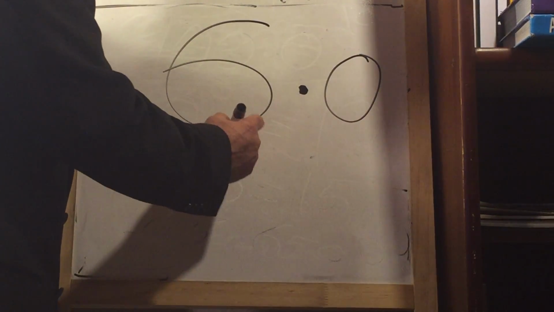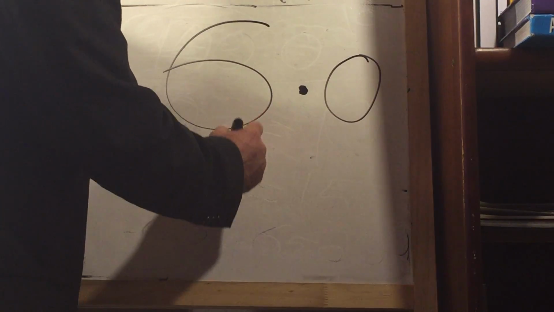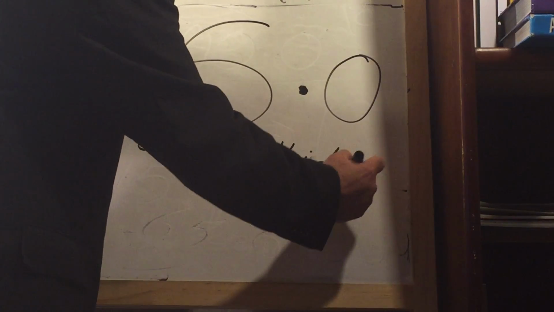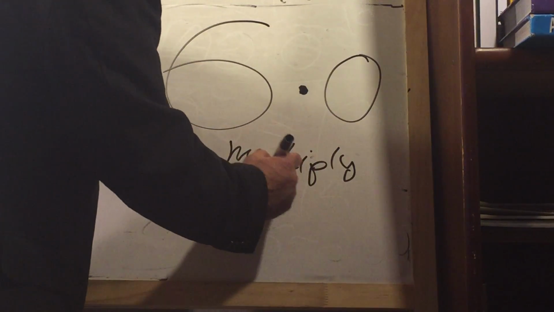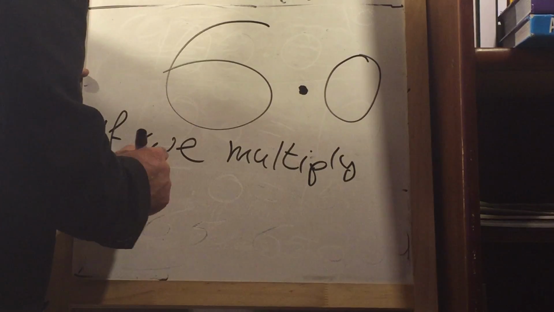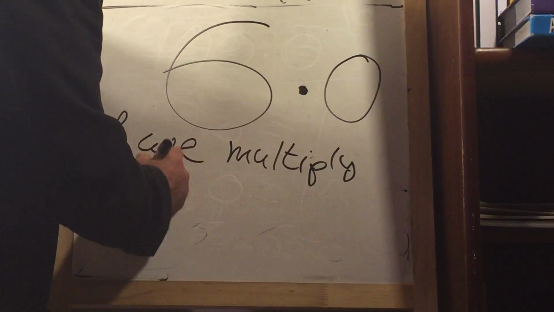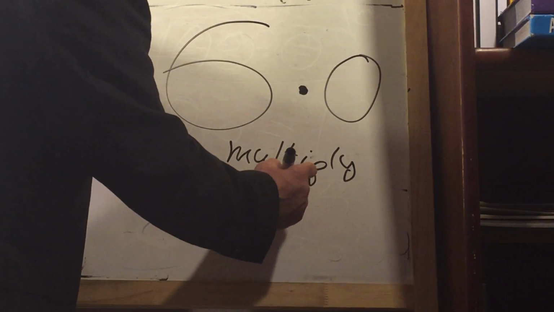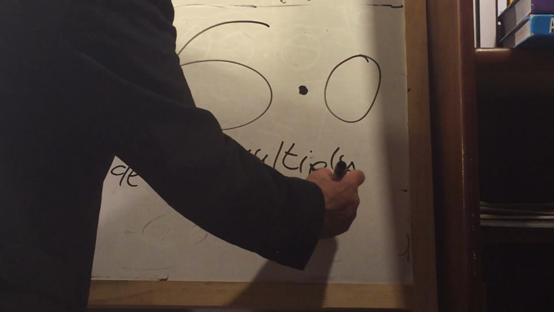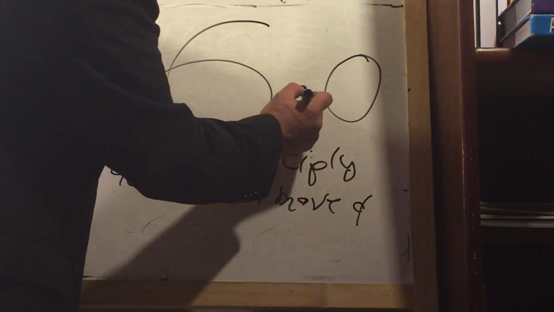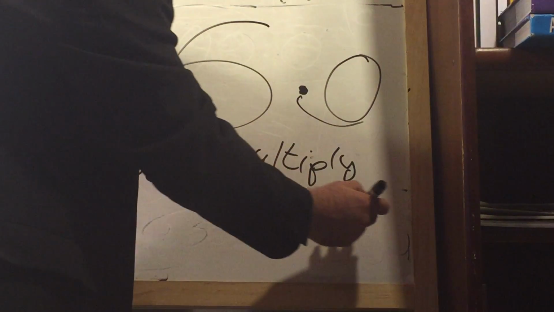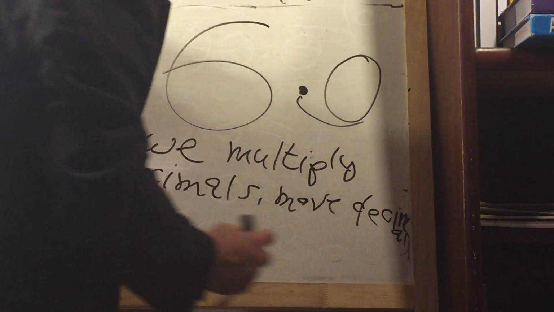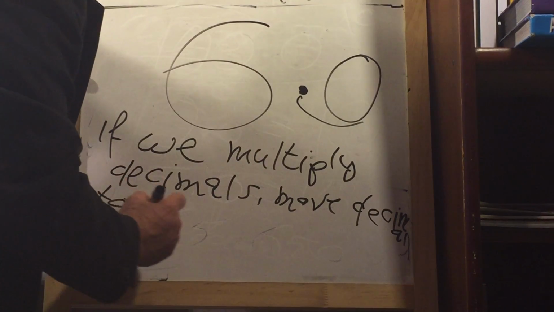This is very, very important. If we multiply decimals, we move the decimal point to the right. Move decimal to right.